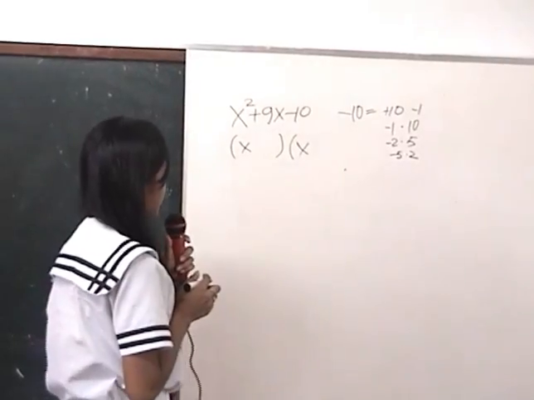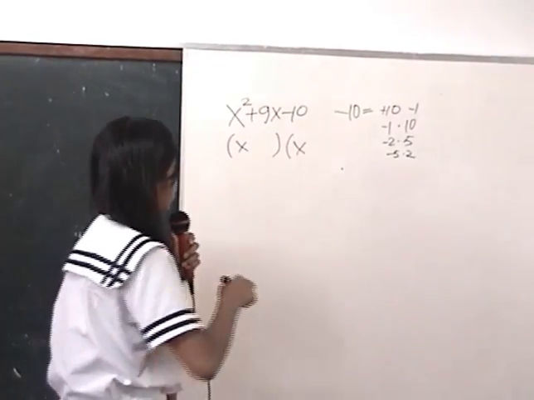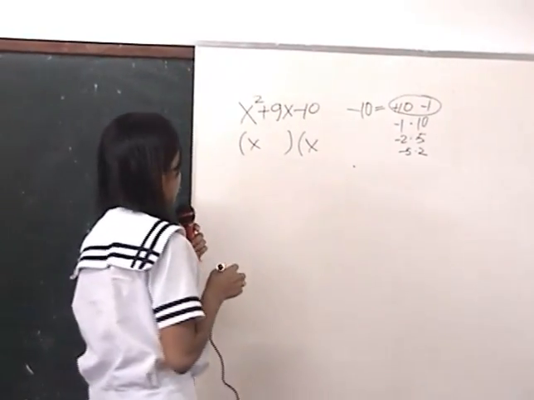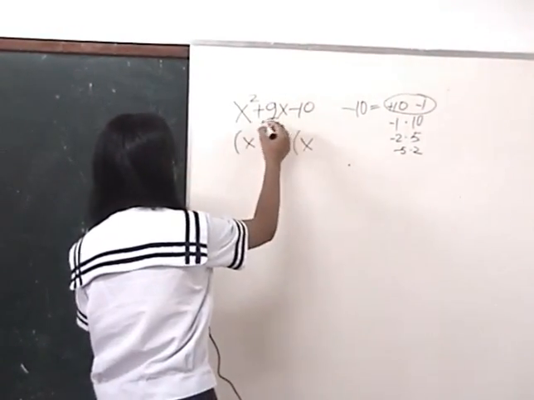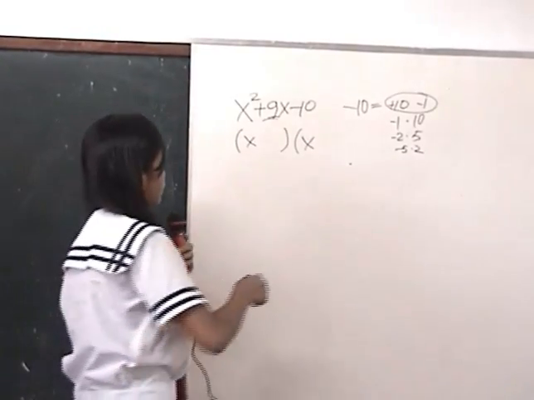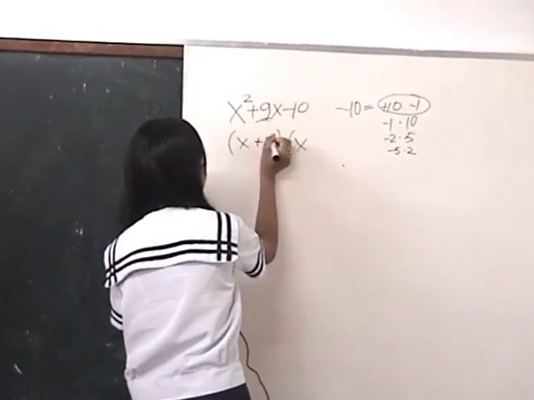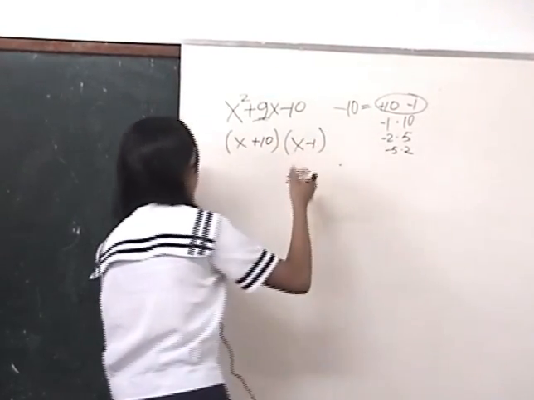We use the positive 10 times negative 1 because the sum of this binomial is equal to the middle term, which is 9. Positive 10 and negative 1. So this is the answer.